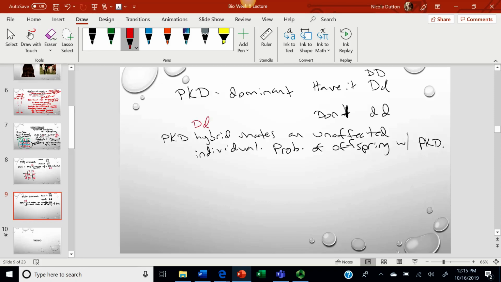They mate with an unaffected individual, so they're going to be little d, little d. What is the probability of them having offspring with PKD? Let's put our alleles in here, big D, little d, little d, little d. And we're going to go through here.